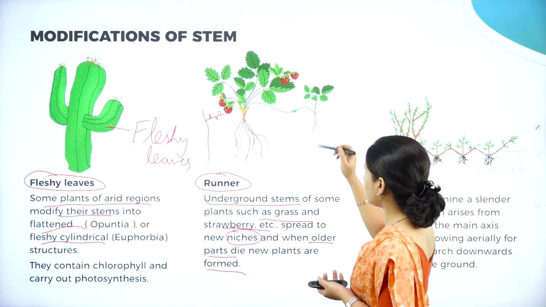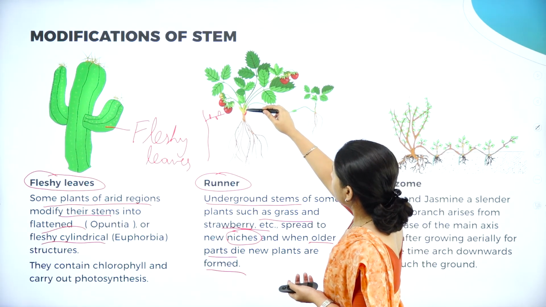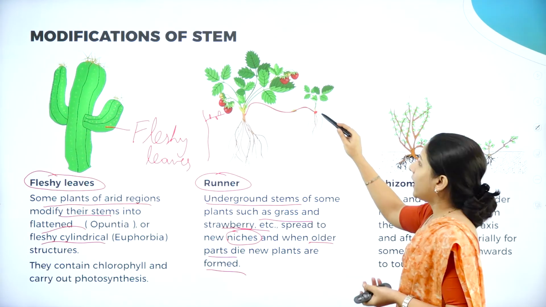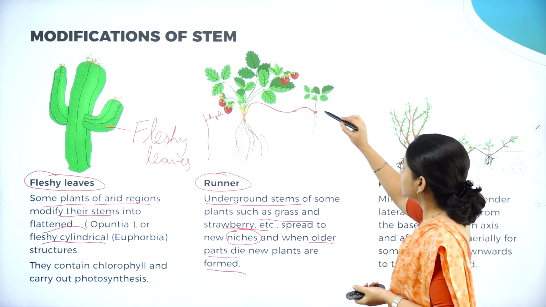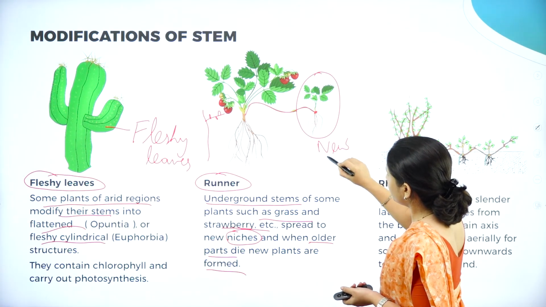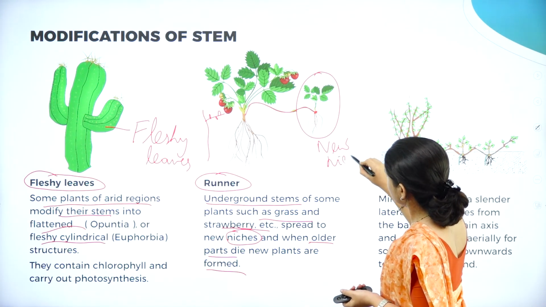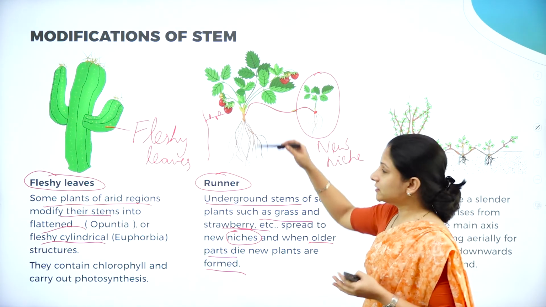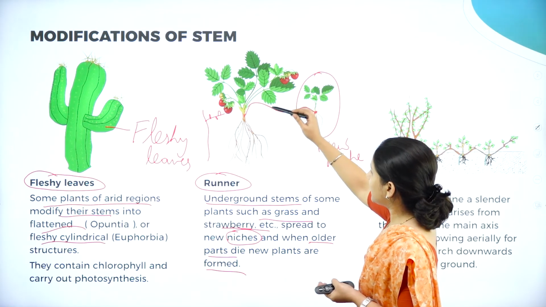So from this underground part of the stem, a new plant will branch like this, and where it has touched the soil, this region is the new niche now. Which region has it touched? Can you see, from this underground stem itself, the spreading will take place.